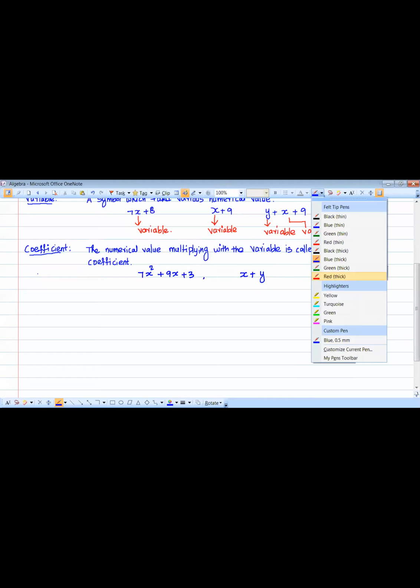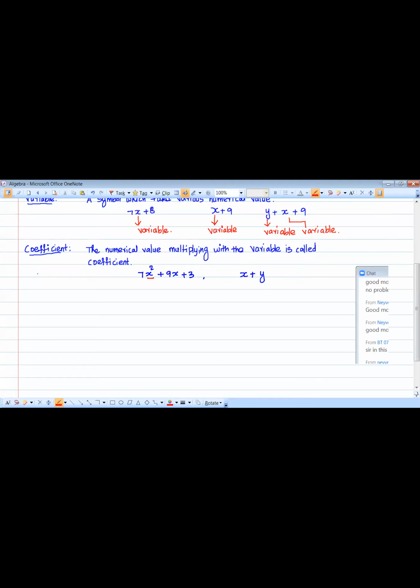See here. Same 7x square plus 9x plus 3. One more example. x plus y. Okay. So here, what is your coefficient? See, try to understand.